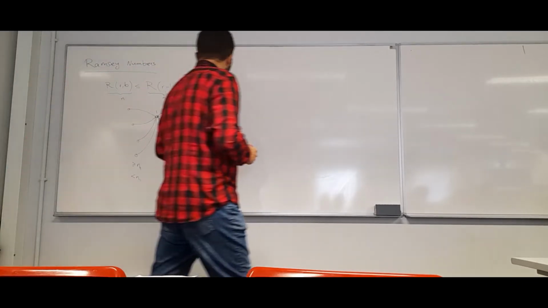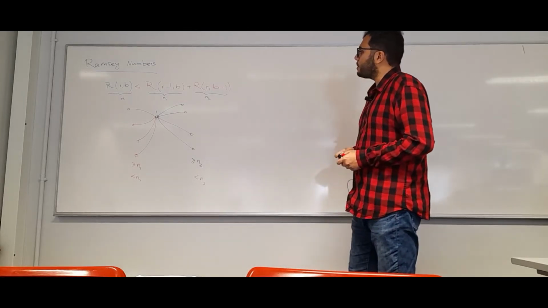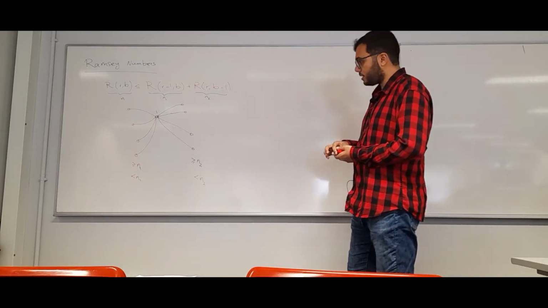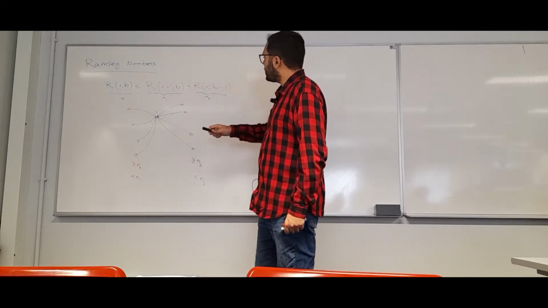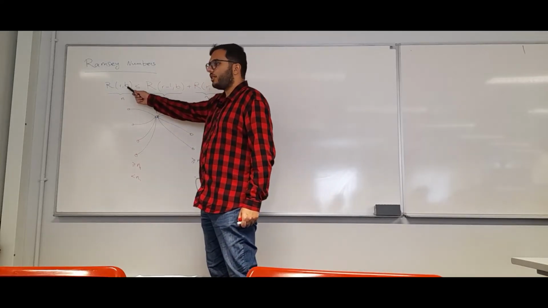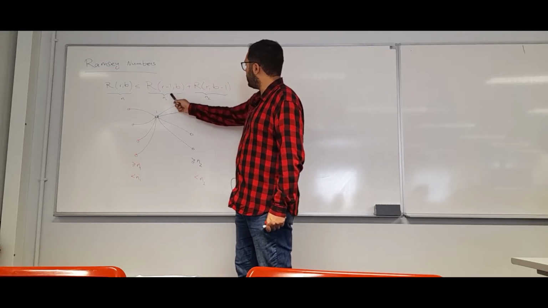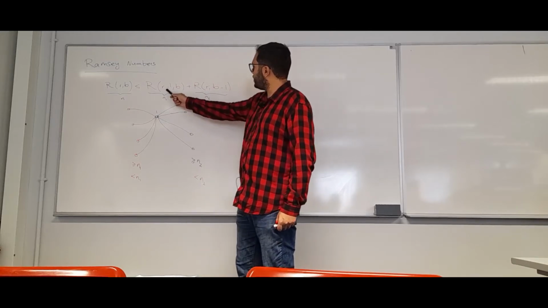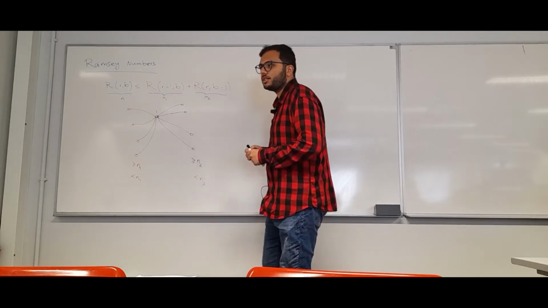Now, from this, we can easily find a bound on our Ramsey numbers, because you can see that I'm taking the Ramsey number, I'm breaking it into two parts, and in each of these parts, either R is decreasing or B. So I can say that R plus B is definitely decreasing.